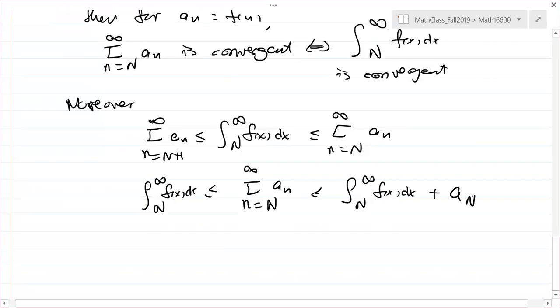So this is another way; the two inequalities are the same. How do I get the lower bound? That comes from here. How can I get this one? This actually comes from here, just adding a_N to both sides. On this side you get this, and then here you get this.